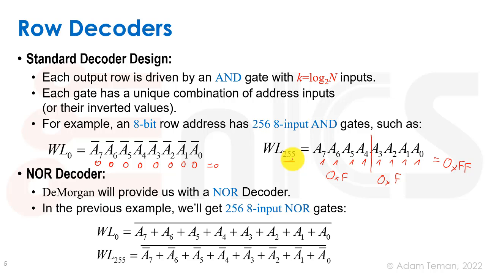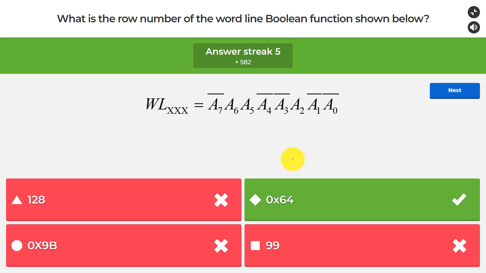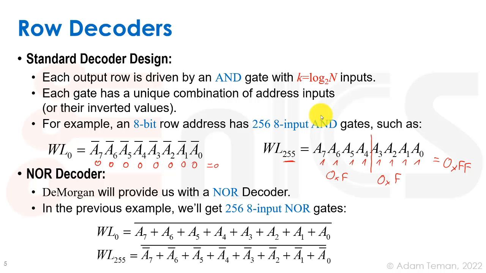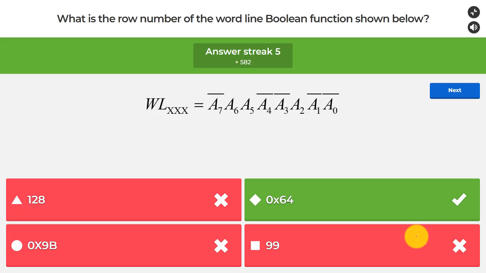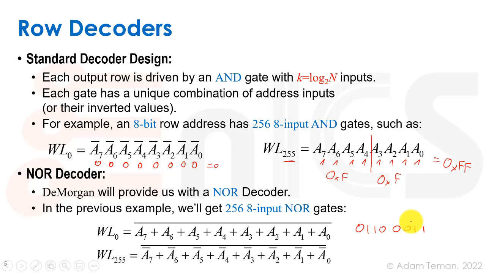Well, in the example we had, we can look back at our Kahoot, and we had A7 bar, A6, A5, A4 bar, A3 bar, A2, A1 bar, A0 bar. So that's going to be 0, 1, 1, 0, 0, 1, 0, 0.